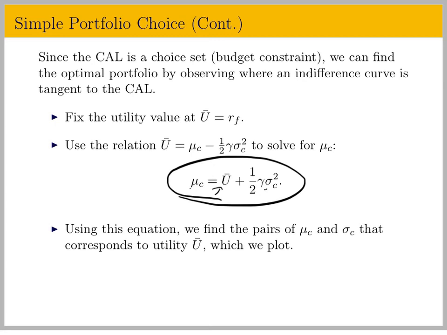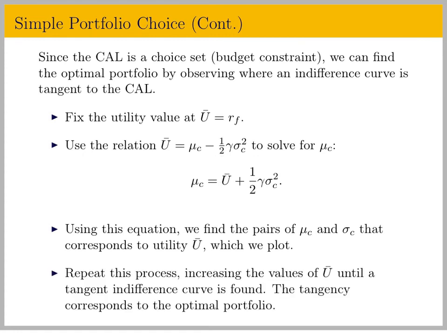And that's a way that you can plot out an indifference curve. That is, you begin with some utility target, you then solve for one of the variables in terms of utility and the other variable, and then you compute for a given set of inputs what the other variable would be. So you have two variables. For a given first variable, what is the second variable that corresponds to that utility?